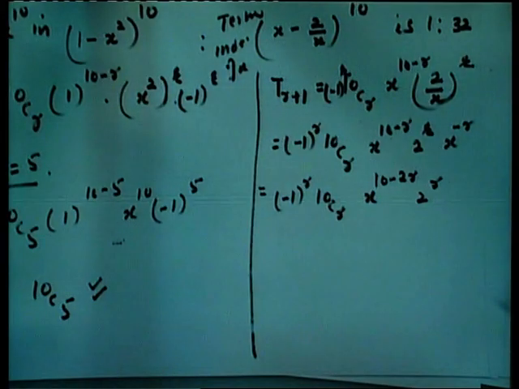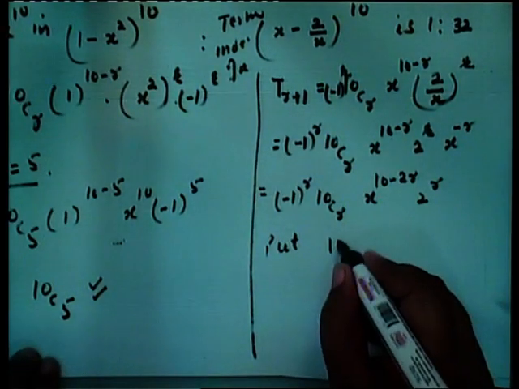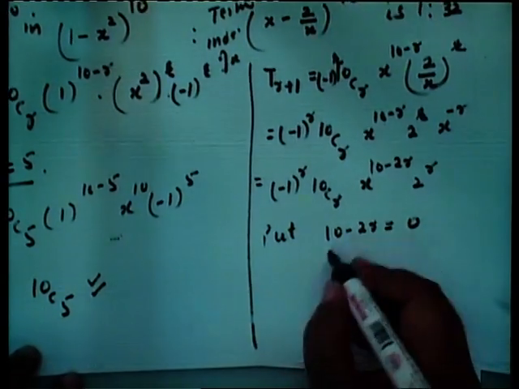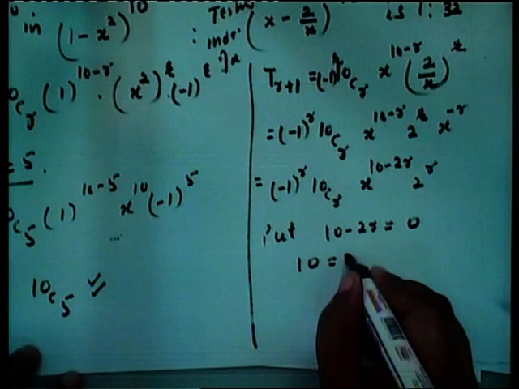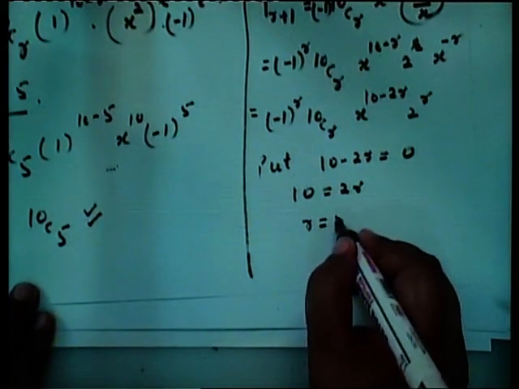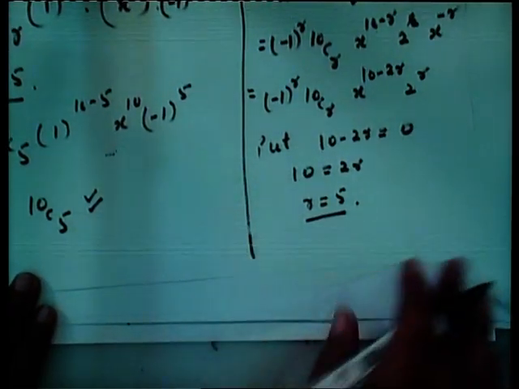So to find the term independent of x, what will we do? We will put 10 minus 2r to be equal to 0. So what will I get? I will get 10 equal to 2r, that is r is equal to 5. So that means the sixth term is the term independent of x.